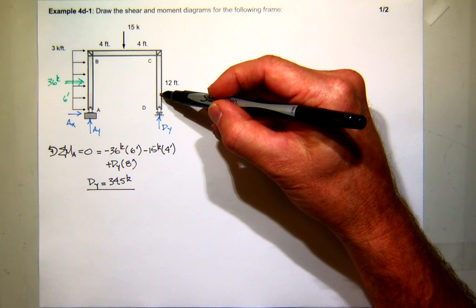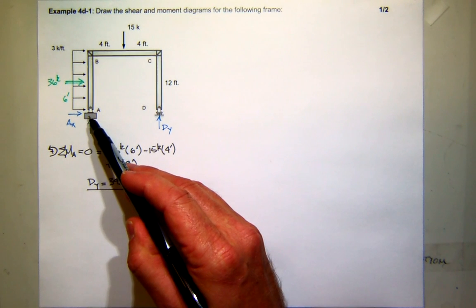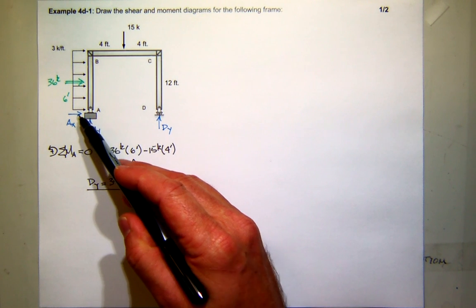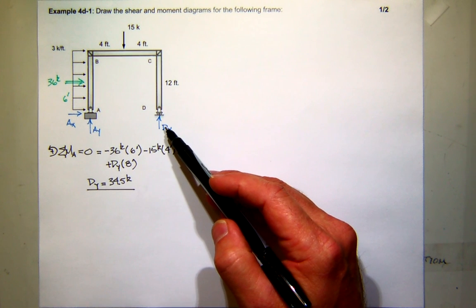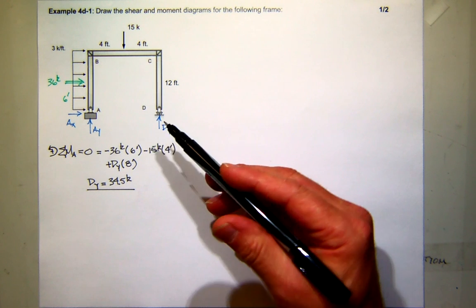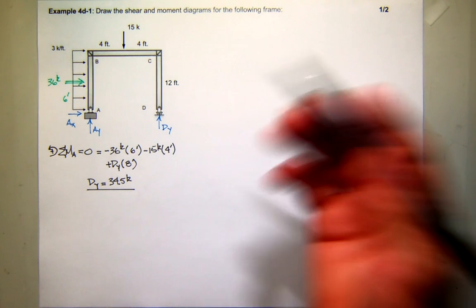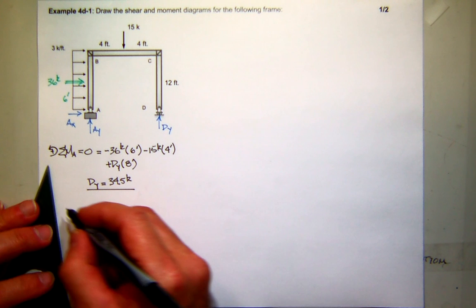Well, if you sum moments about D, both those would create moment. If you always sum about A, there's only one unknown. So with determinate problems, it's not a rule, but it's a real good best practice type thing. All right, let's go ahead and get this finished up.